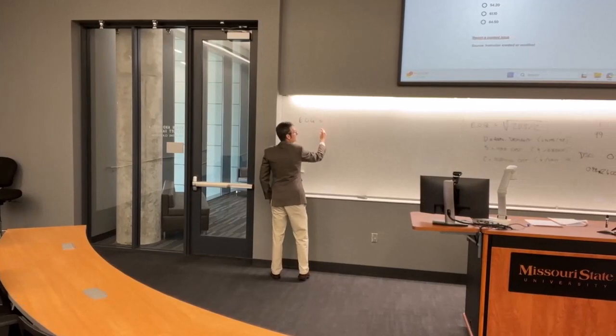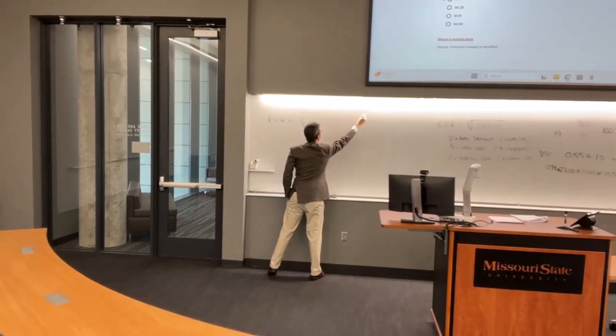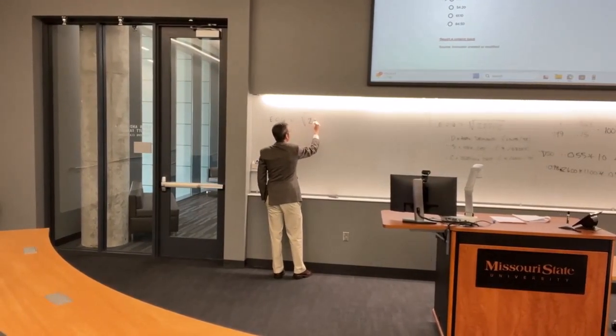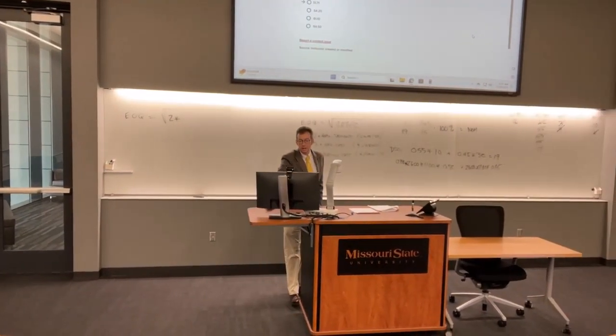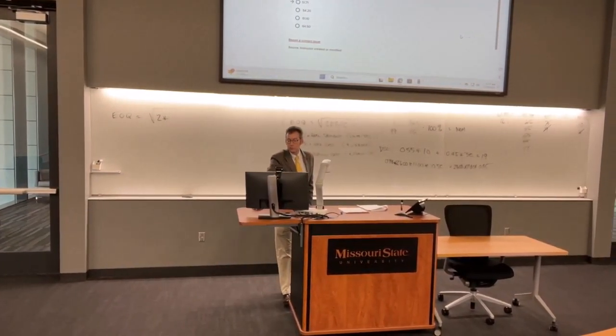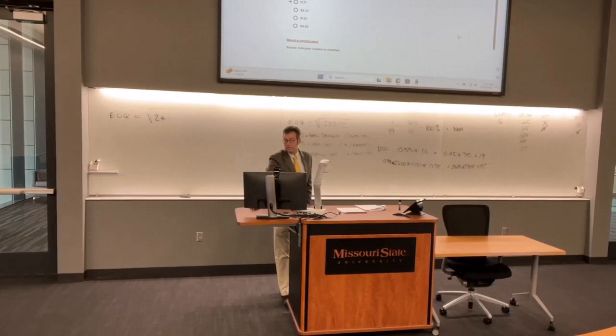So let's walk through it. EOQ is equal to the square root of 2 times, let's see, they begin each week with 150 phasers in stock. It's depleted each week and reordered.